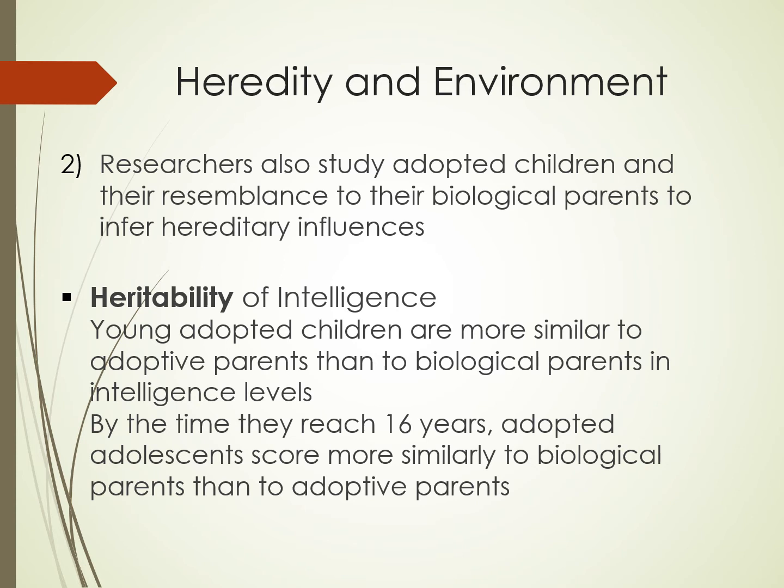So we look at the heritability of intelligence. Here, young adopted children are more similar to their adoptive parents than to biological parents in intelligence levels, but by the time they reach 16 years old, we have adopted adolescents looking more similar to their biological parents than to their adoptive parents. So again, we're seeing this interaction with environment that is occurring throughout our lives, right?